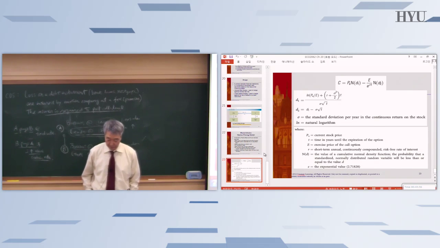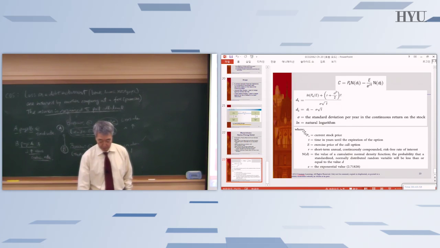This formula is quite complicated if you think about it. Here, D1 is the log of S, the current stock price, divided by the exercise price of the call option, plus R, the short-term risk-free interest rate. Sigma is the standard deviation, so sigma squared is the variance.